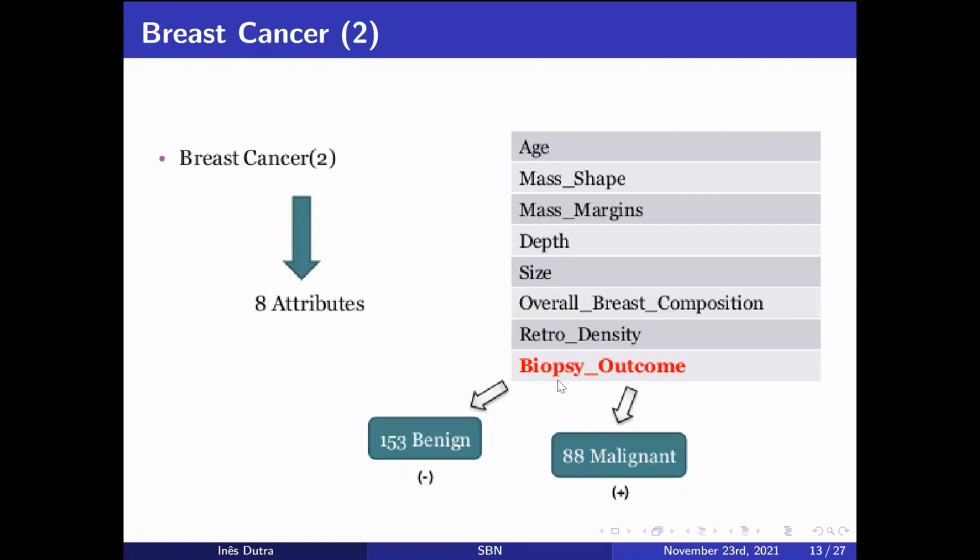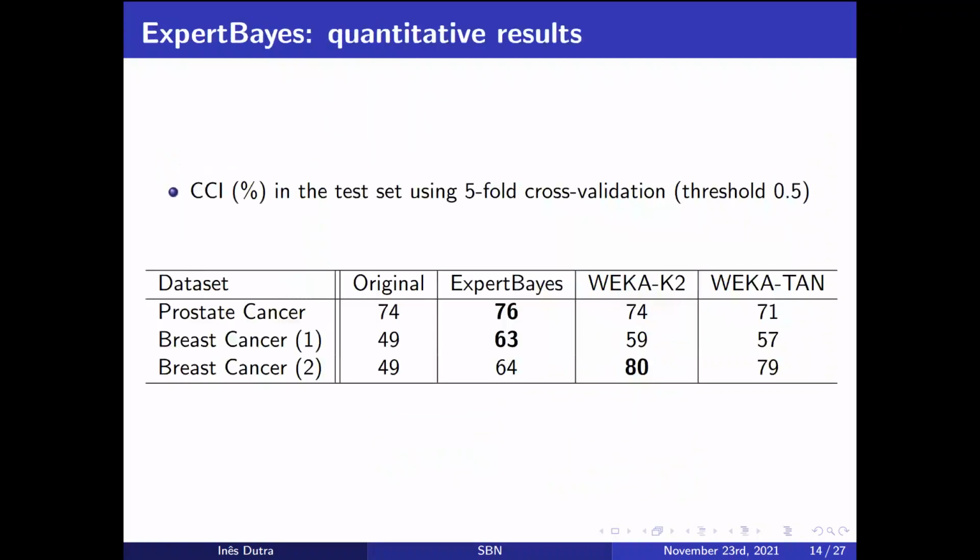And this one is to predict if the biopsy was malignant or benign. This has 153 benign cases and 88 malignant cases. And these two are real data. We are working with real data. For the prostate cancer, we're working with some data that is available in the literature. I can provide the links for the data later if you want.